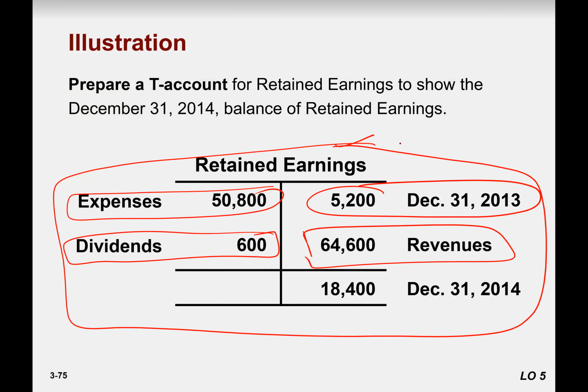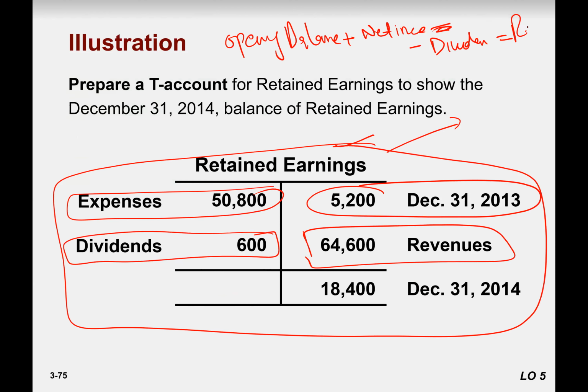So if you pay close attention to this format, and if we write it in equation form, it is the same. Opening balance plus net income minus dividend is equal to retained earnings closing balance.